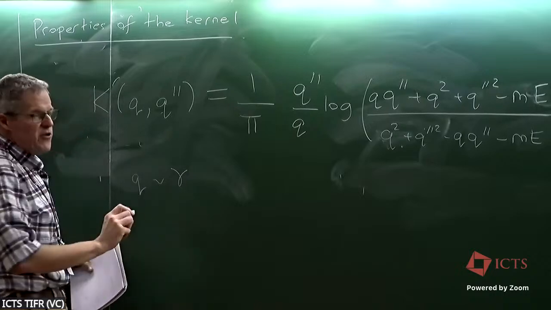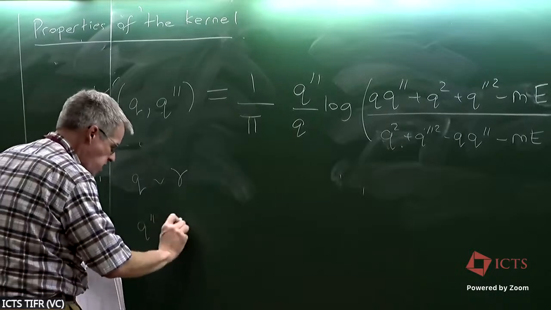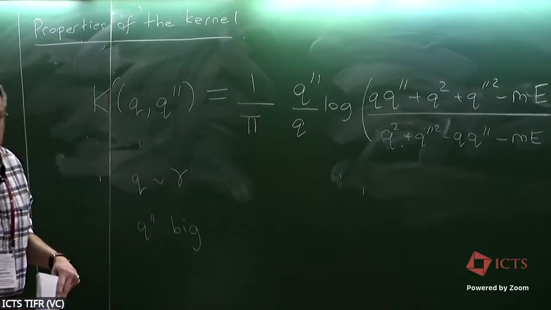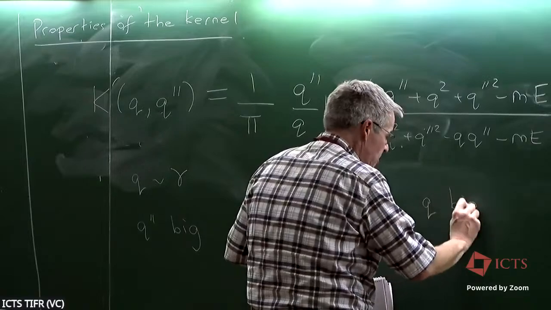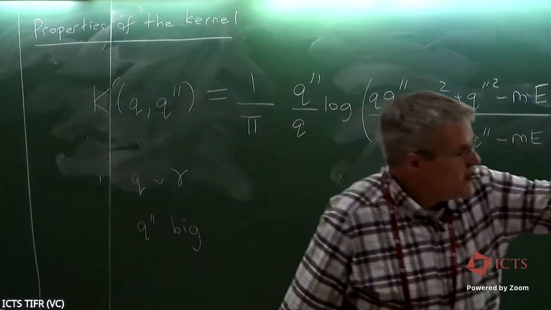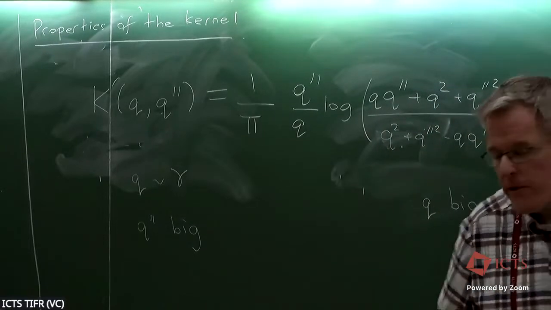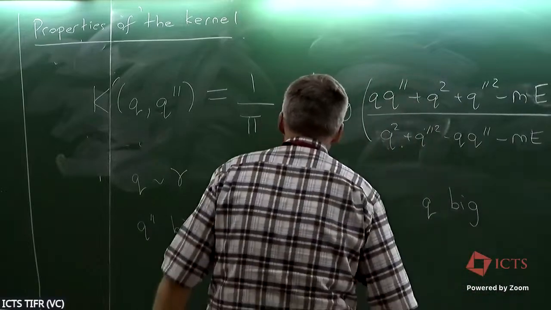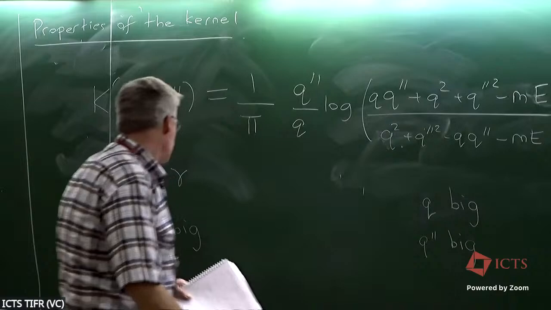Well, actually, there are three regimes, but the regimes that can get us into trouble are where Q double prime is big. But then because it's an integral equation, we need in the end the amplitude for large off-shell momenta Q double prime because we need to close the integral equation. So we're going to need also to think about what happens when both Q and Q double prime are big.